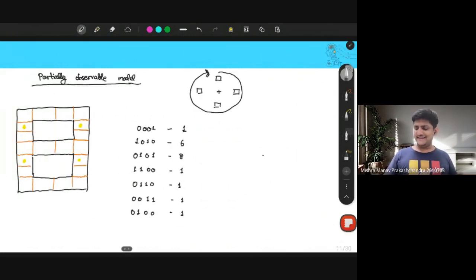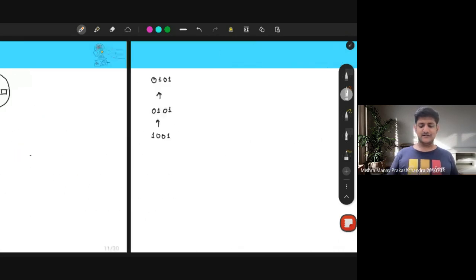Meaning I can say exactly that I am at this particular location, based on the history that I've observed so far. So now I know with good probability that I am at this particular location.